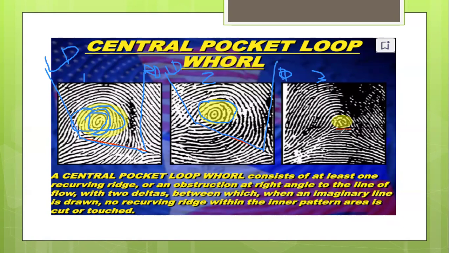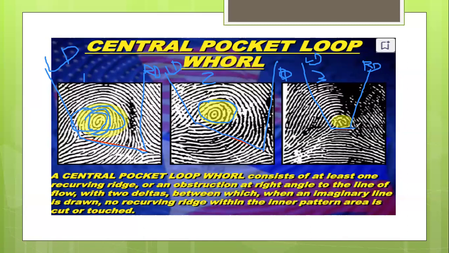Moreover, on example number 3, this is the LD and this is the RD, the left delta and then the right delta. Draw an imaginary line between the two deltas.